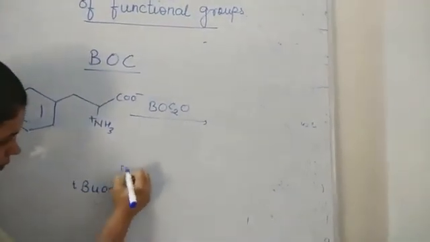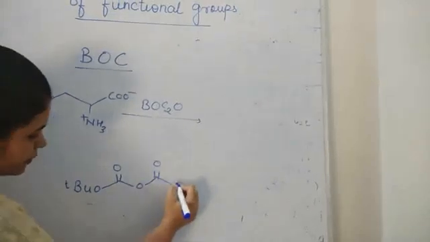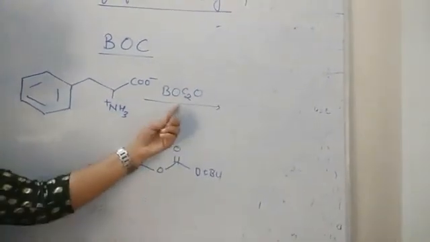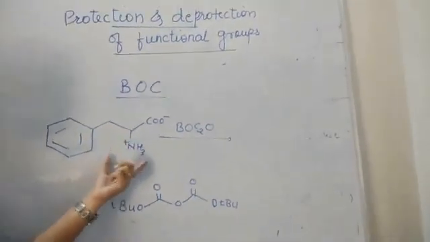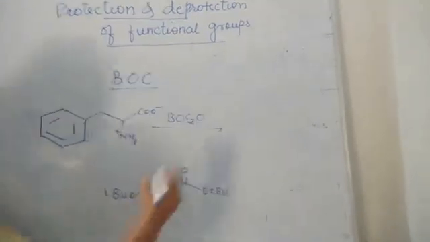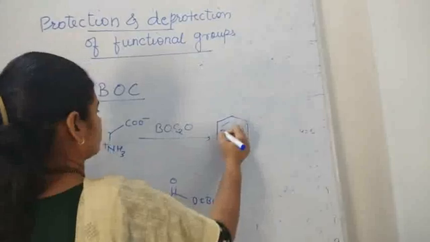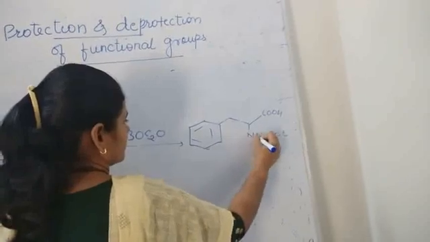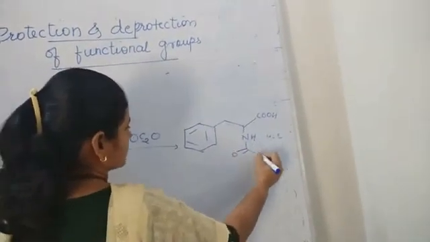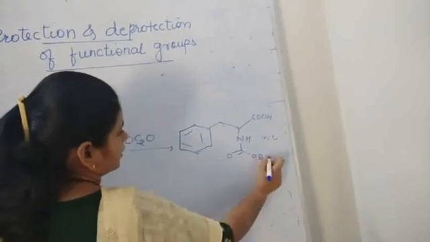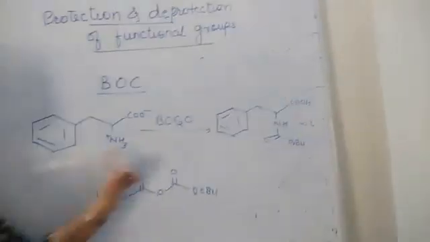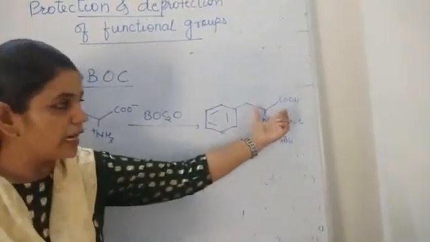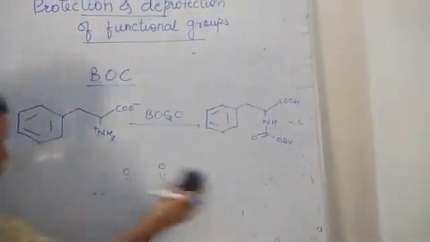So this compound is like this, tertiary butyl groups are here. So this reagent we are using for protecting this NH2 group. And after protection, this compound is like this. Now this amino group gets protected, and the other sides of this compound are available for different reactions.